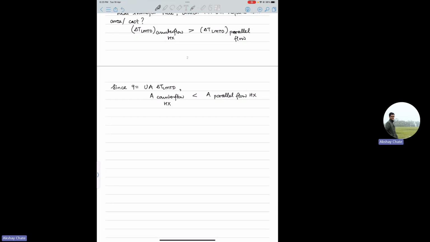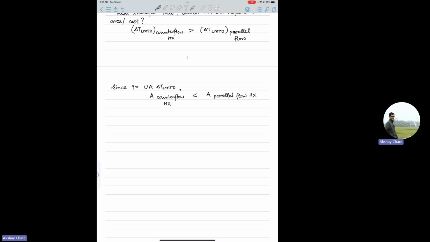And the reason is what happens in counterflow: with mass flow rate you can control the delta T between your hot fluid and cold fluid, and you can maintain sufficient delta T for heat transfer over the area. But in parallel flow, since one fluid gets cooled and one fluid gets heated, their delta T reduces as the length of the heat transfer tube increases.